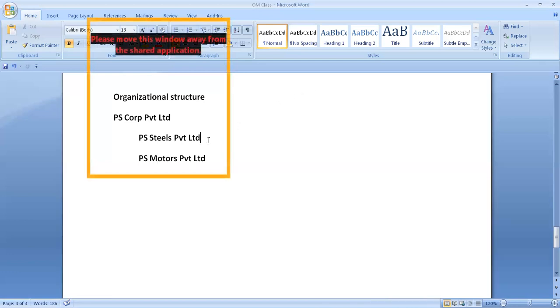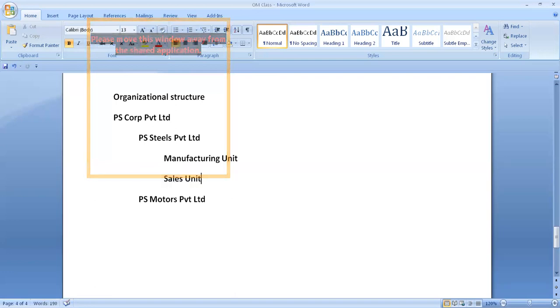Under PS Steels Private Limited, you can have a manufacturing unit and a sales unit.